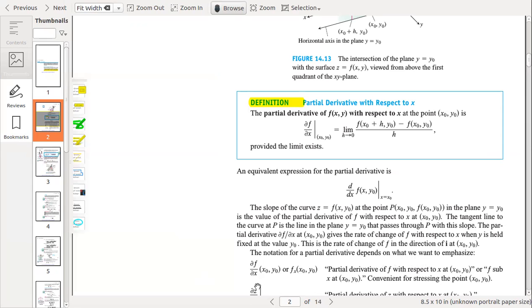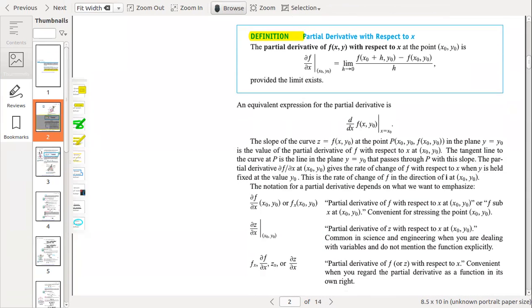Partial f over partial x at x naught, y naught, or f sub x at x naught, y naught: the partial derivative of f with respect to x at x naught, y naught. This is convenient for stressing the point x naught, y naught.